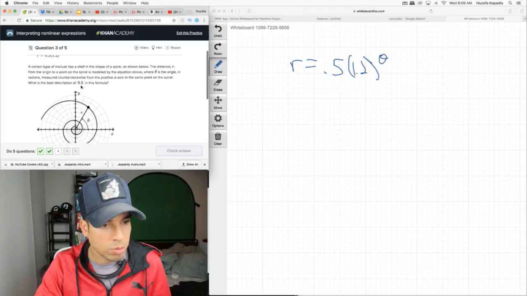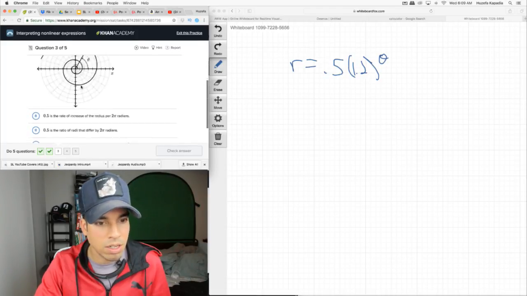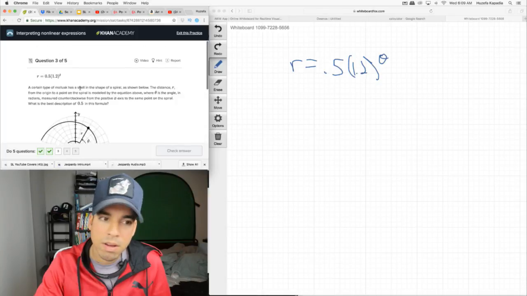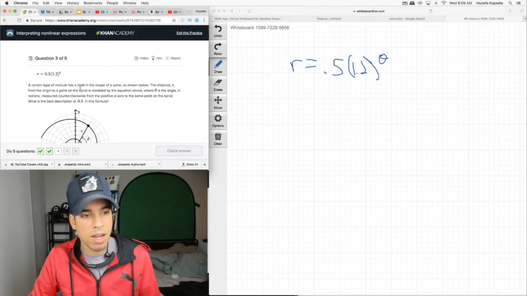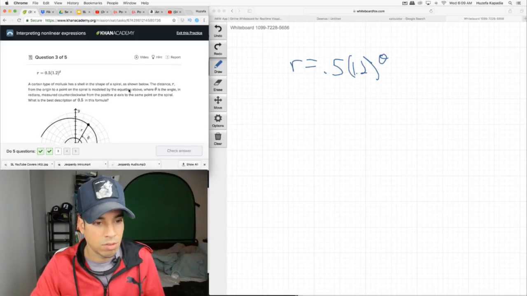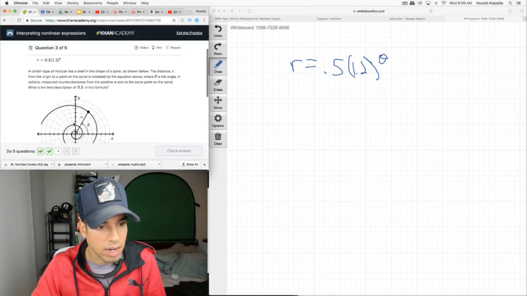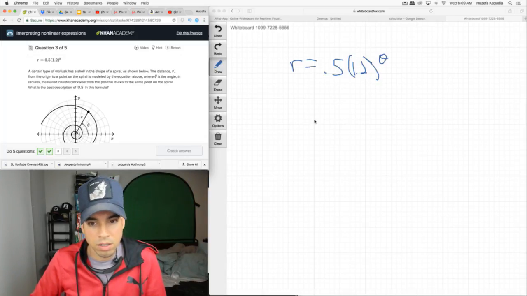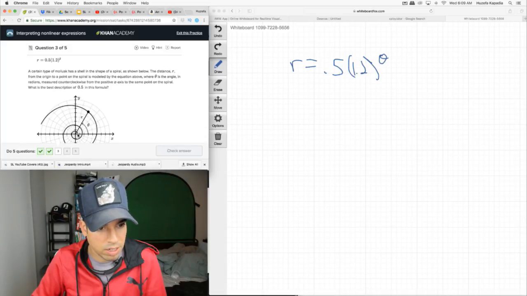Okay, what is the best description of 0.5 in the formula? None of that matters about radians. So what is 0.5? My guess is 0.5 is the radius when theta is 0. If we go straight out here, I think that's 0.5.